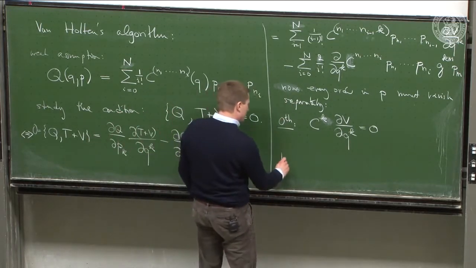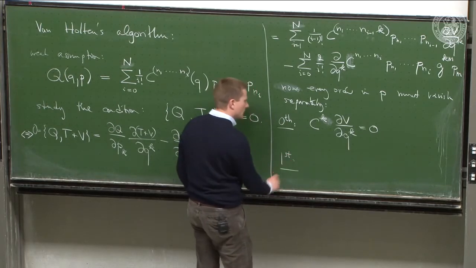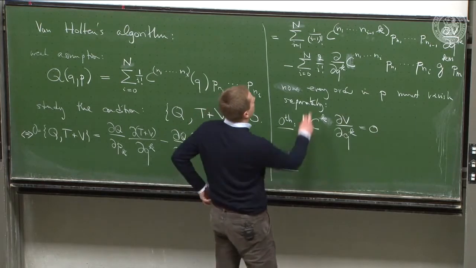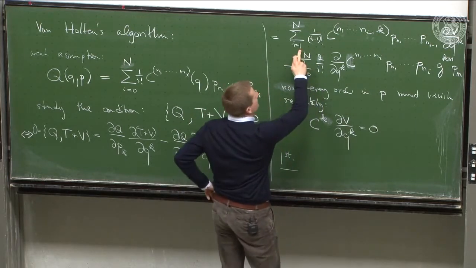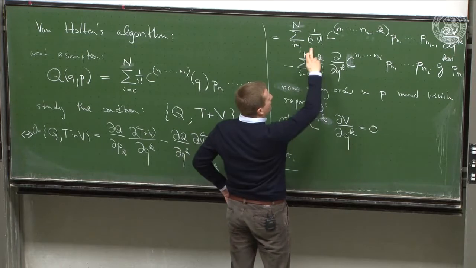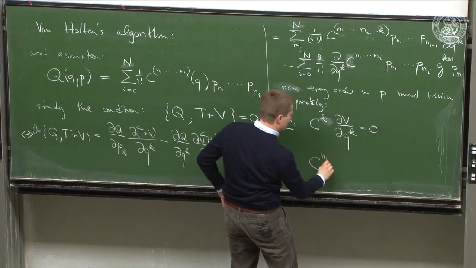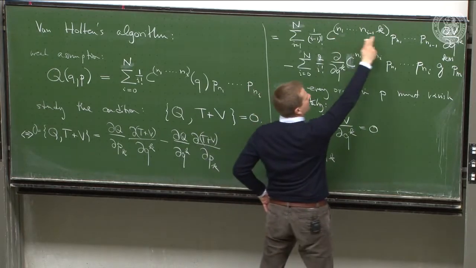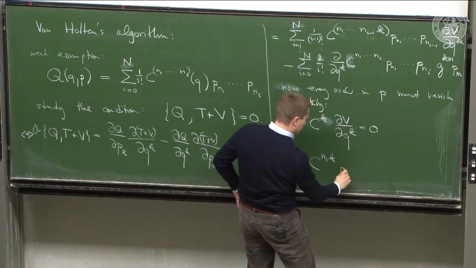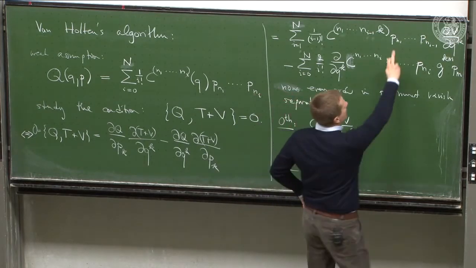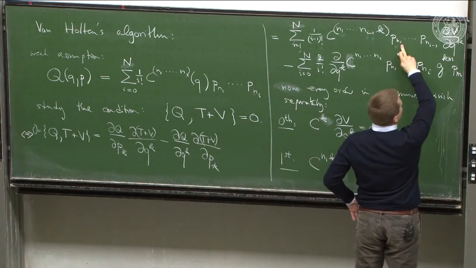Now let's write down the first order equation to get some familiarity with this. The first order one is obviously the one where I equals 2. So it's 1 over 1 factorial. I equals 2, so I have a Cn1k. There is a Pn1. Well, but that's the factor we wanted to leave out. There's 1p, labeled n1.